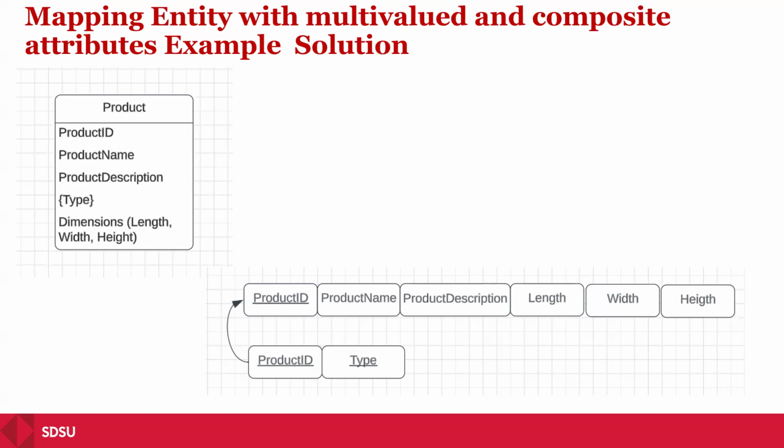And then we have a separate relation for product type, which will have a product ID and type, and product ID is also going to be a foreign key to the product relation. As you can see here, the arrow goes from the foreign key to the primary key. And product ID and type are also going to be a composite primary key of the product type relation.